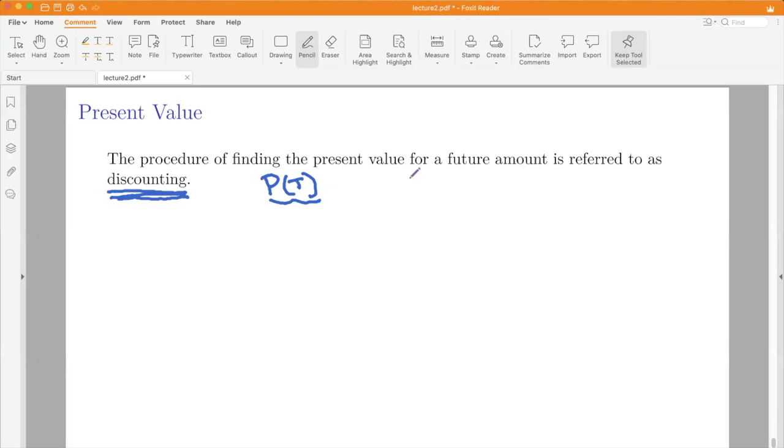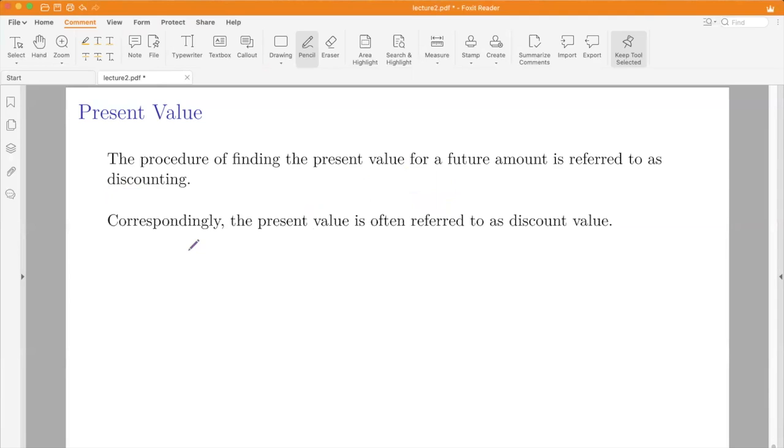Given there is no risk, what you invest today is actually less than what you are going to get at the maturity time. Therefore, obtaining this is called discounting. Correspondingly, the present value is often referred to as discount value. The procedure of doing this is called discounting, and the present value is often called discount value.